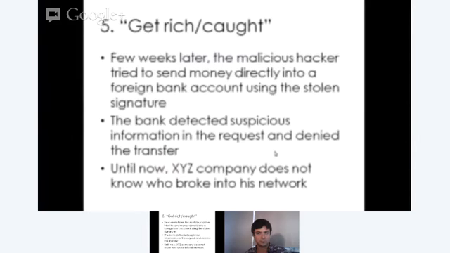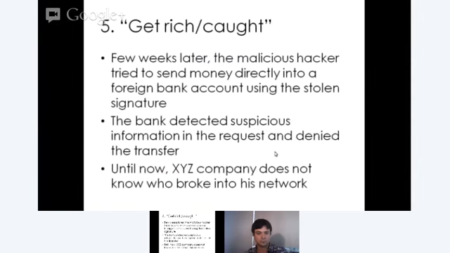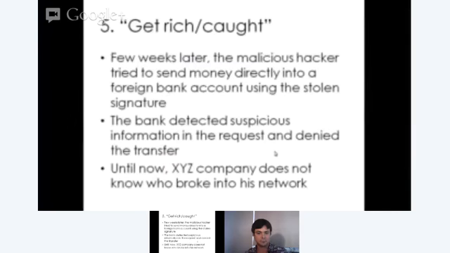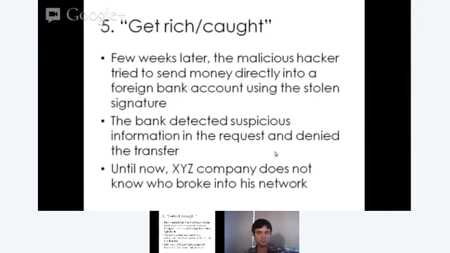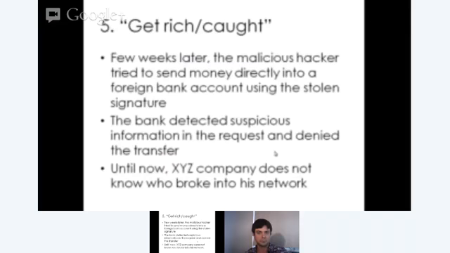The stolen signature came from one of the employees of this company, and when the bank detected this suspicious request, they denied the transfer and they contacted the company, and the company only at that point discovered that somebody broke into their network.